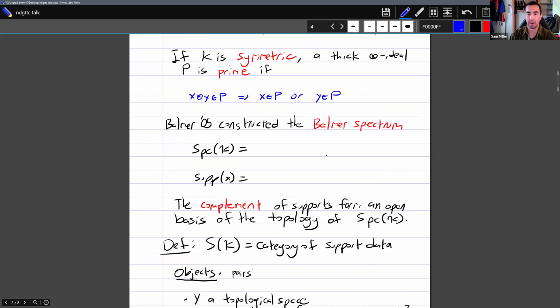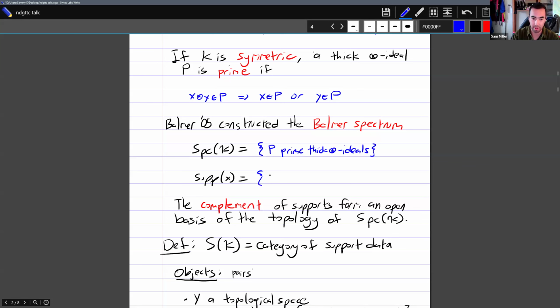And so Paul Balmer in 2005 constructed what is now known as the Balmer spectrum, which we denote by Spc of K. And so this will just be, analogously, a set of prime thick tensor ideals. And one has the support, also analogous to the usual support in algebraic geometry.